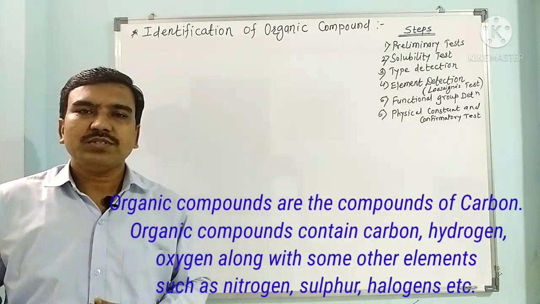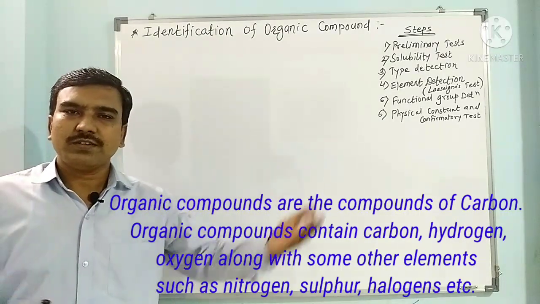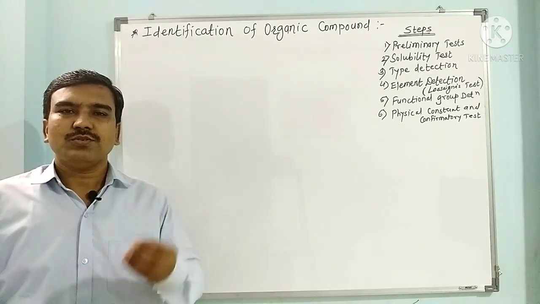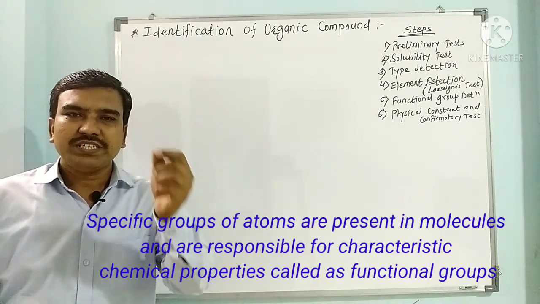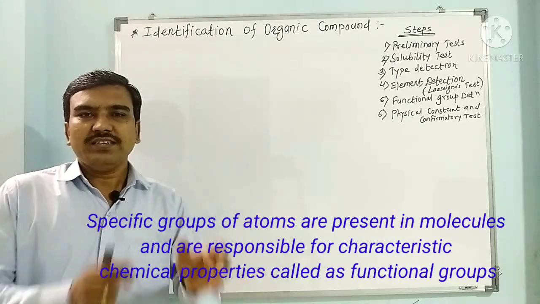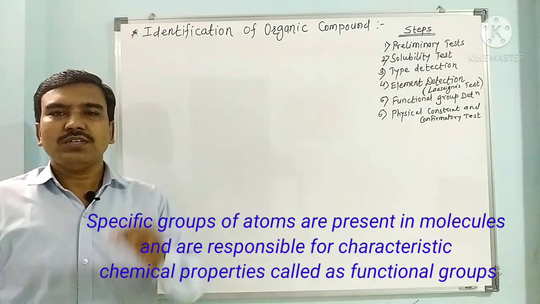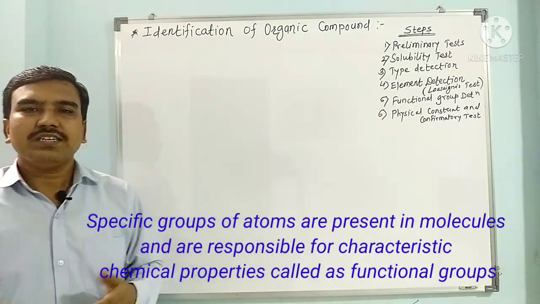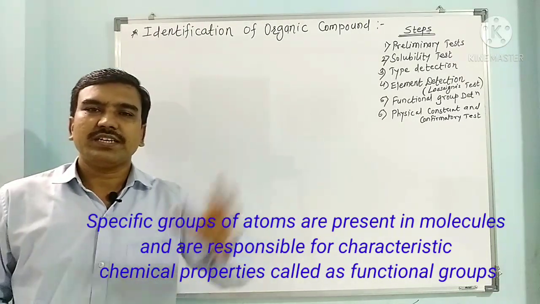Organic compounds are classified into different functional groups. So what are the functional groups of organic compounds? These are the specific groupings of atoms present in a molecule, and these are responsible for the characteristic properties of the compounds. So basically they have characteristic chemical reactions.